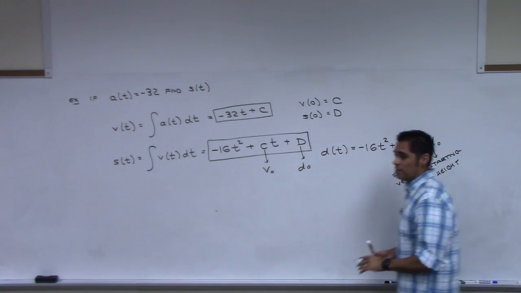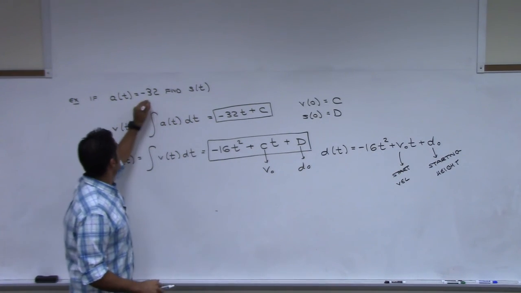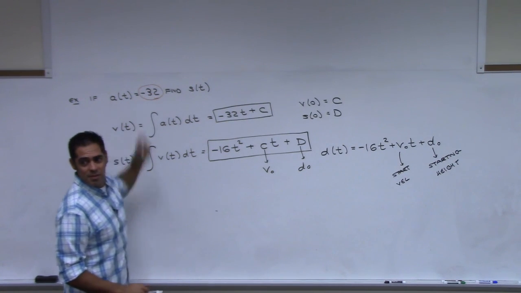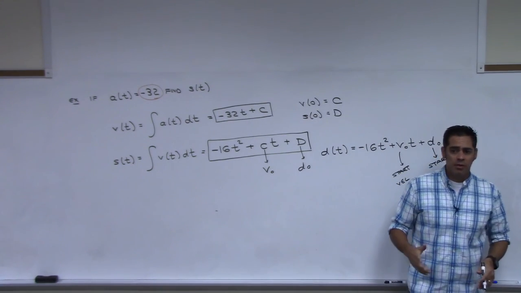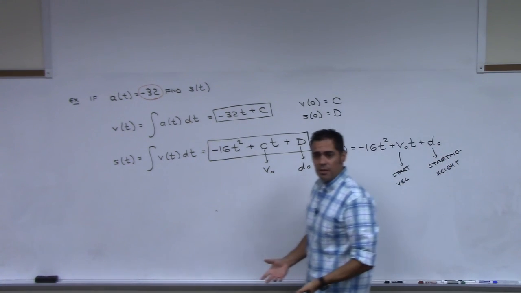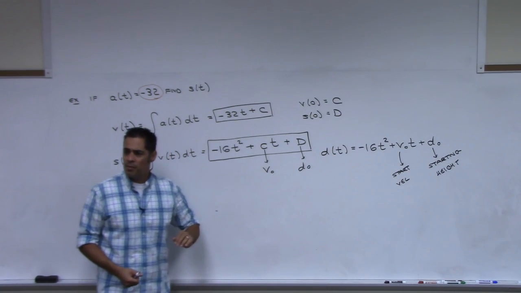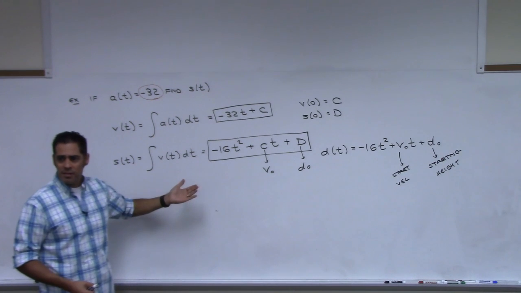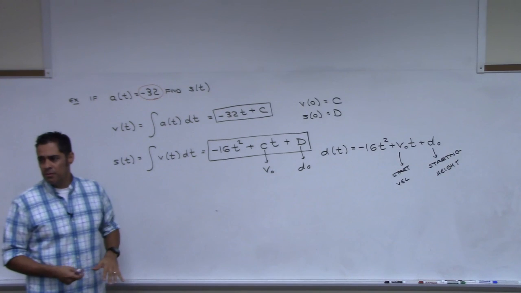That's pretty awesome, because if you want to go to a different planet, all you have to do is change that number. If you go to the moon, your gravitational acceleration changes, but you can still drop something on the moon and tell exactly where it's going to be at every moment in time, because all you're going to do is antiderivative twice, and you have your kinematic equation for the moon.